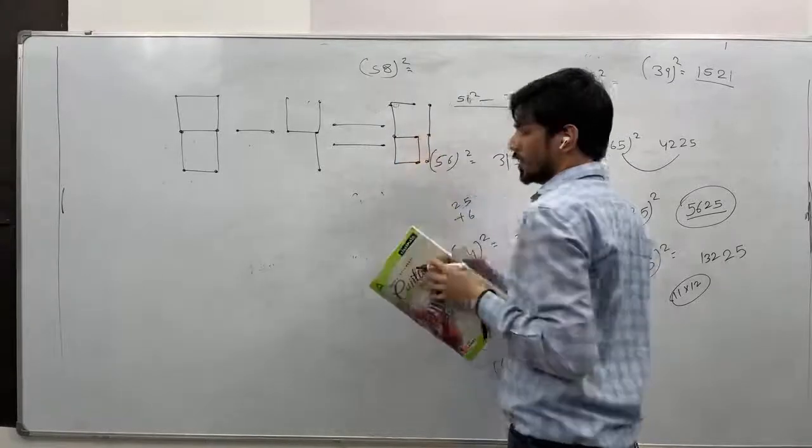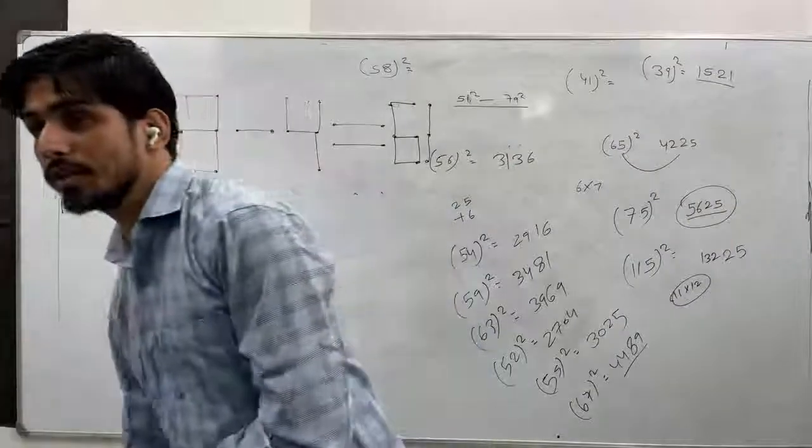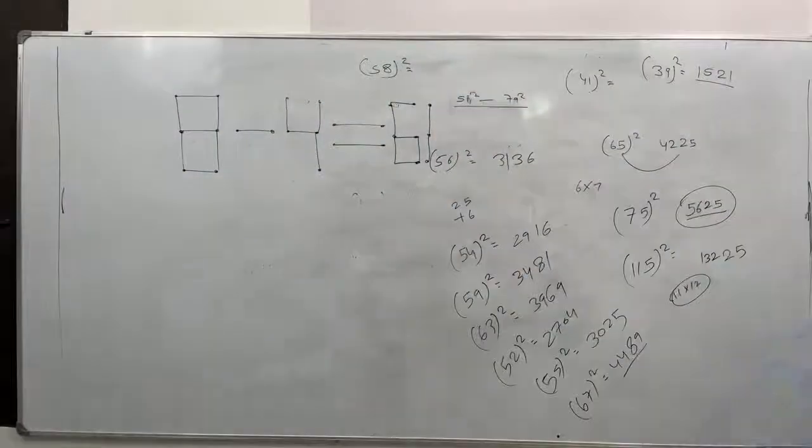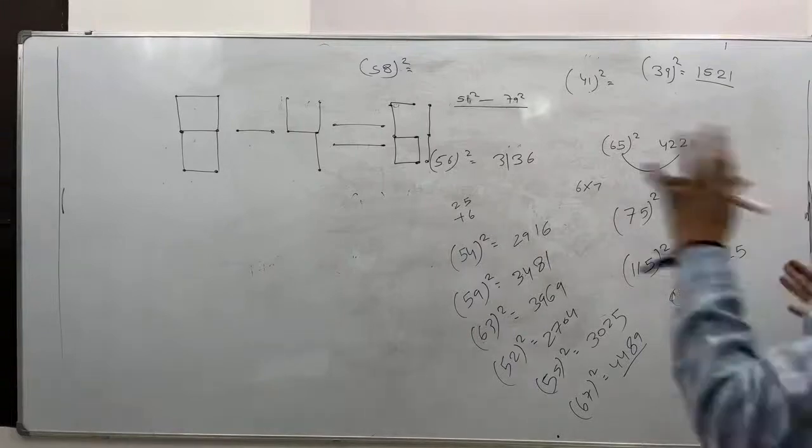Just move two sticks. This is incorrect, right? 8 minus 4 is not 61. Now how can you move only two sticks and make this equation correct?